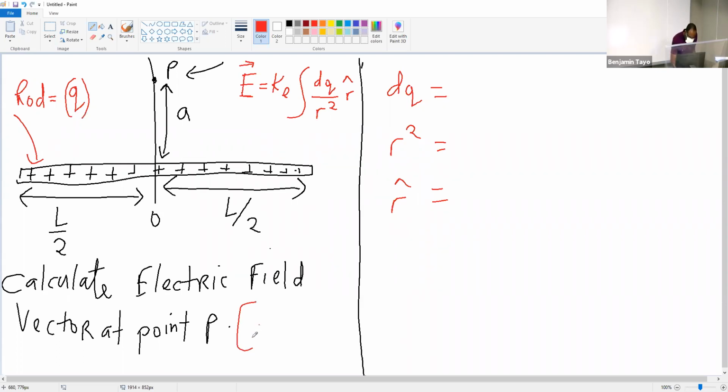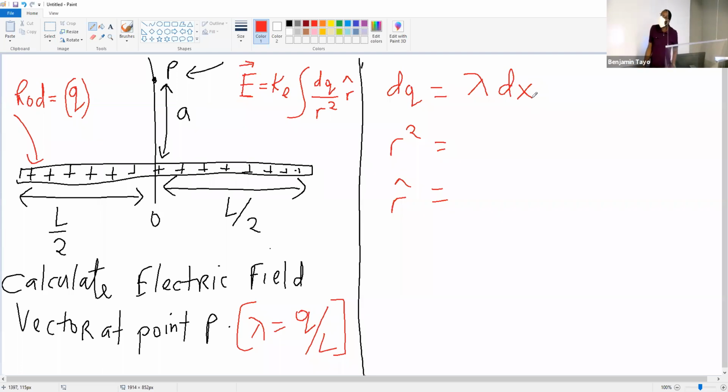So the total amount of charge Q divided by the length L is always given in the problem. So it means that I can write my dq as lambda dx. So that's the first part.